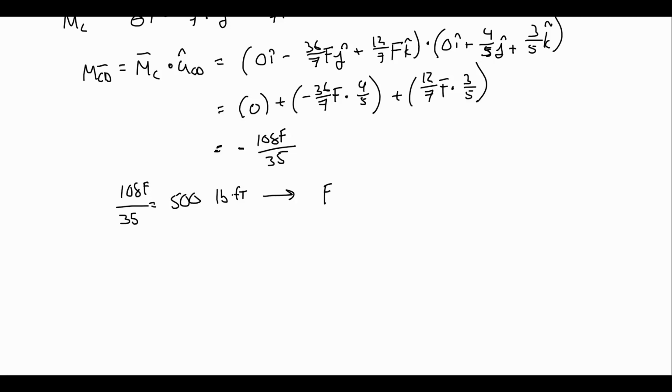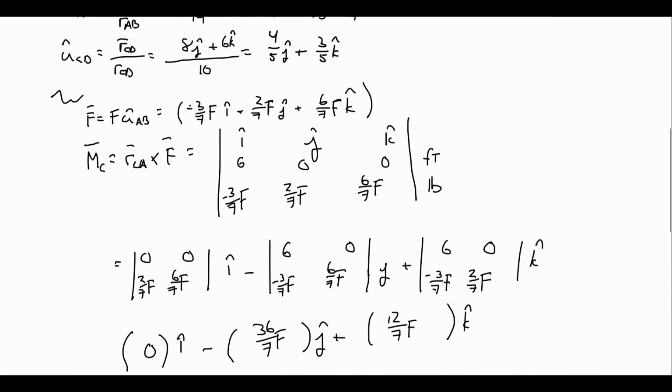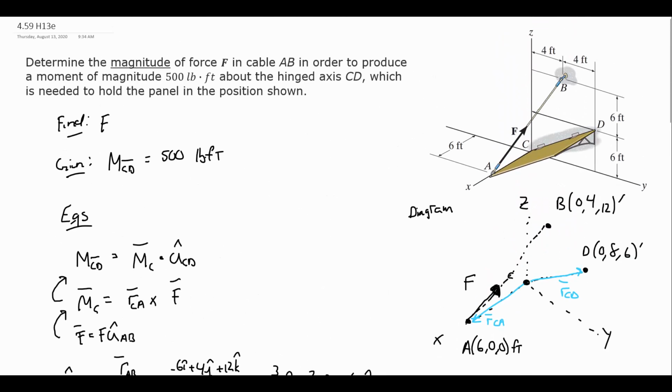So that comes out to 162. Everything was in base units here, so F is going to be 162 pounds. So that is the value that's going to produce that desired result, having a moment about axis CD of 500 pound-feet.